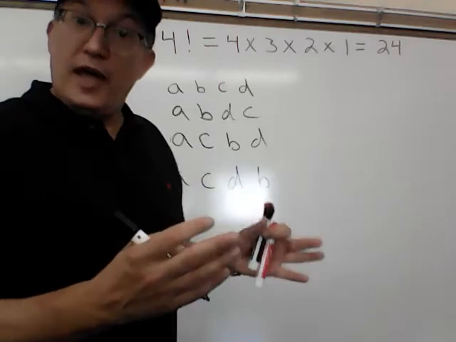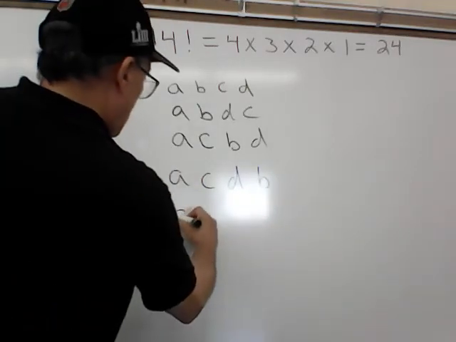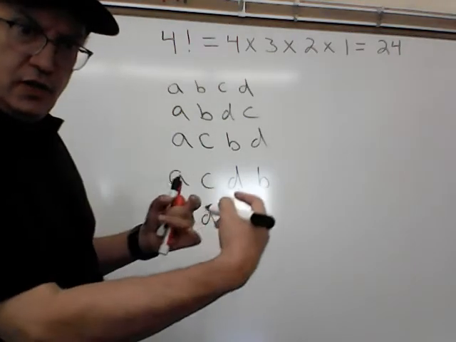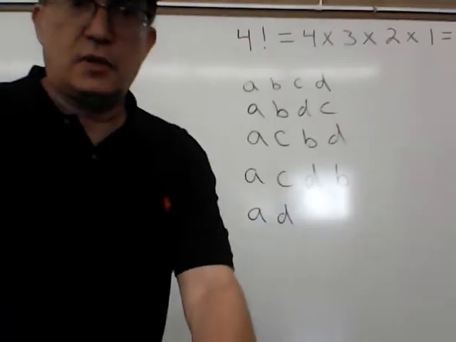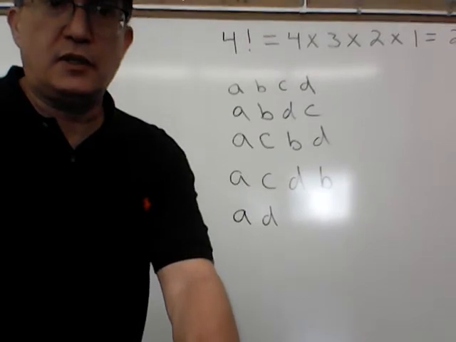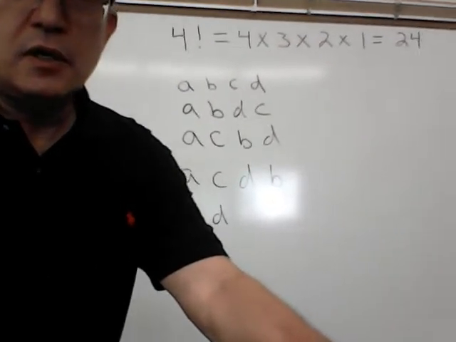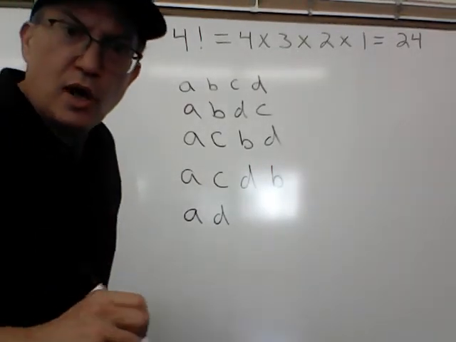Well, what about now AD? All right. So AD, and then you should see from similar to before, there are two possibilities. Sorry about the glare there on the board. Hopefully that won't be a problem.